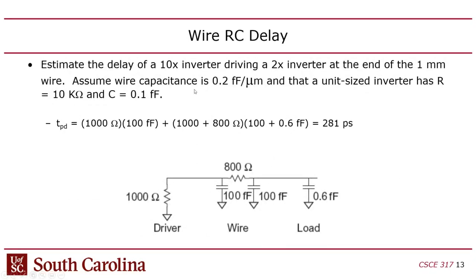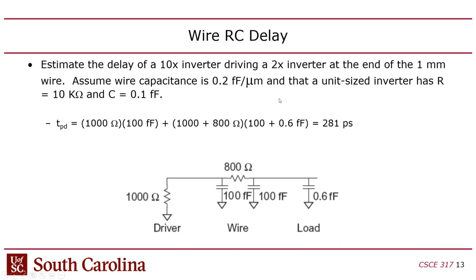In this case, it says estimate the delay of a 10x inverter. What does 10x mean? It's an inverter that's 10 times the minimal size. So it's a big, powerful inverter, and it's driving a 2x inverter. So why would we have a big inverter? Well, it's because having a big inverter lowers the resistance, but it also increases the capacitance.